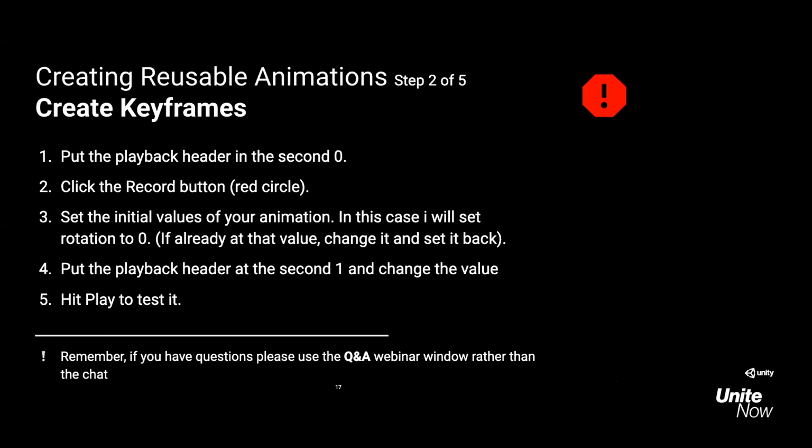So if I have the playback header in second 0, every change will be set as the values of the properties at second 0. Then I can, as an example, put the playback header in second 1, change the properties, and I have a set of values for second 1 and a set of values for second 0. Maybe the player can be in the 0, 0, 0 position at second 0, and maybe in the position 10, 10, 10 in second 1. So I will see an animation that lasts a second and will interpolate the position of the player between those frames. So let's test this.